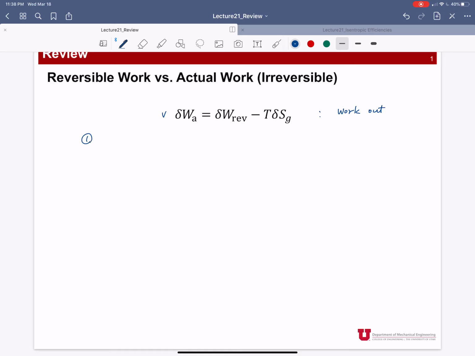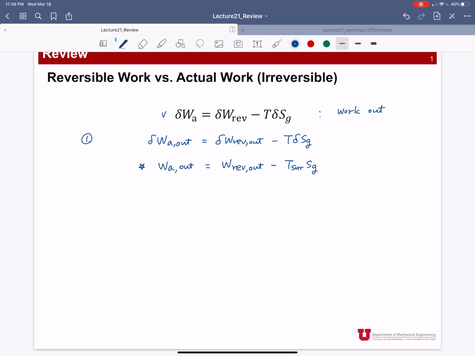So when you think about work output, we can write the equation as reversible work out minus T delta Sg. Using the same notation as the previous slide, actual work out, or actual work done by the system, equals reversible work done by the system minus T surroundings times total entropy generation.